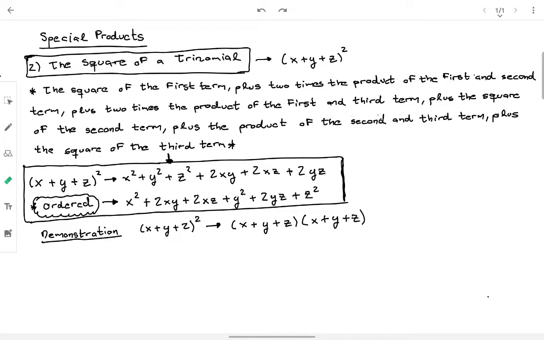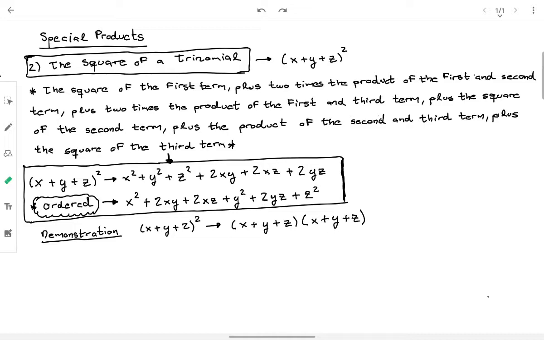Maybe if you read it as text, it can be a little difficult, but in the formula it will be easier to see, because it's very similar to the binomial squared: it's the square of every term.